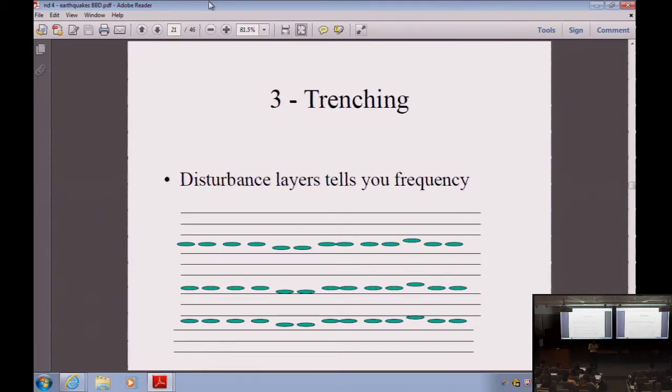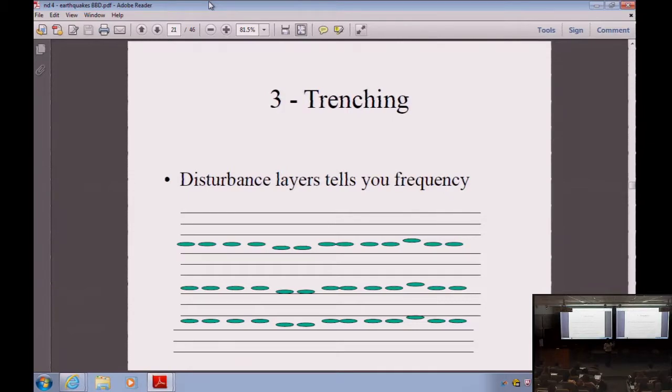When you have an earthquake, there are these jumbled up disturbance layers, they're called. The active growing plants at the surface get all jumbled up, and you can see that. So there's an earthquake, and then the plants are growing, and then there's another earthquake. Again, all this does is continue the historical record of seeing when, back through history, there was an earthquake and about how big it was. You can dig a hole, essentially a trench, jump down into the wetland and see where the earthquakes are.